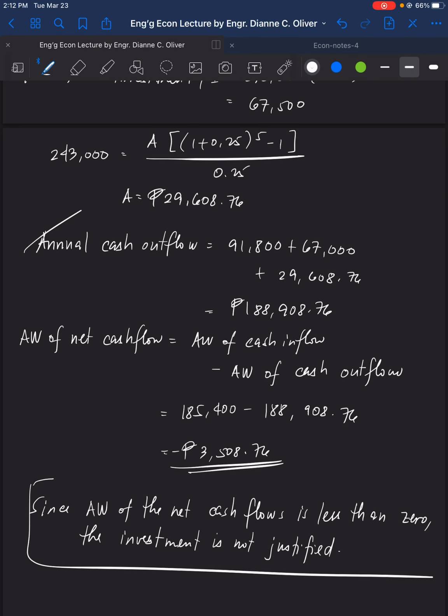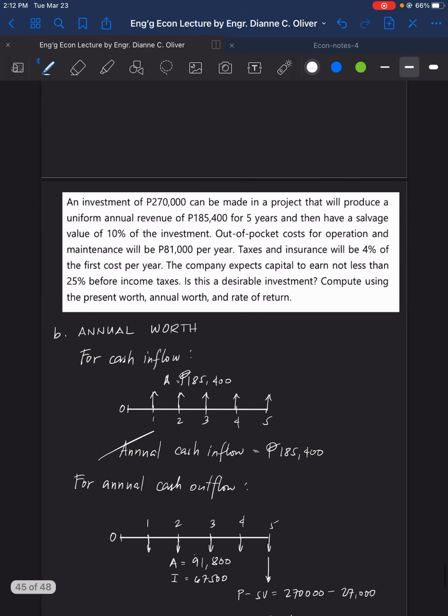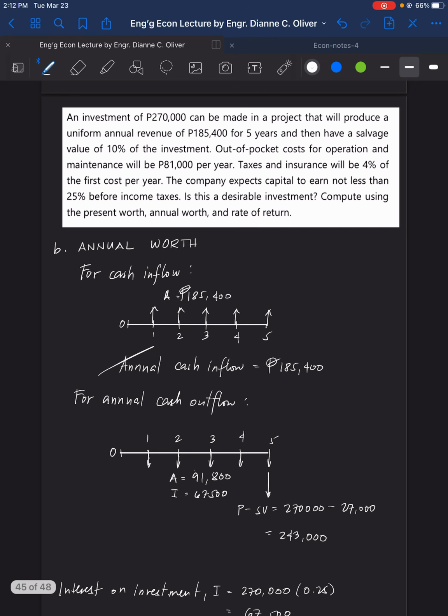So this is actually the answer. So this is for the 5th example. So you can get the screenshot of the problem and the solution.